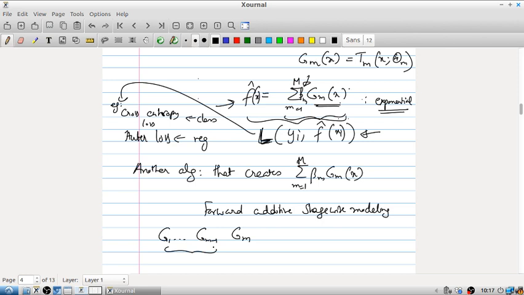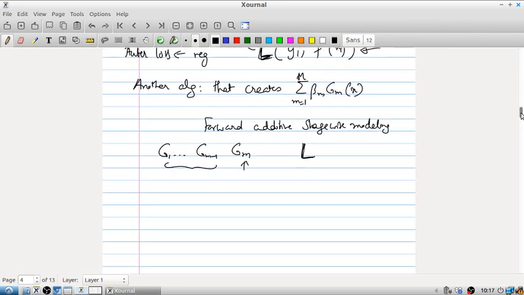You've already chosen these models somehow, and you're asking, how do I add G_m? Then you have to look at the loss, and look at the loss and figure out the next best G_m.